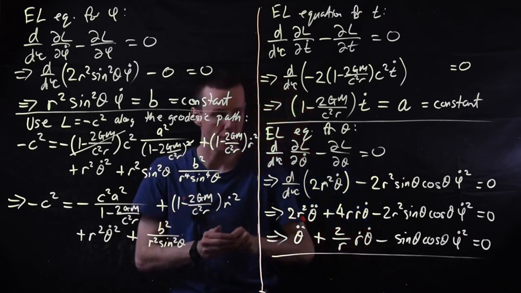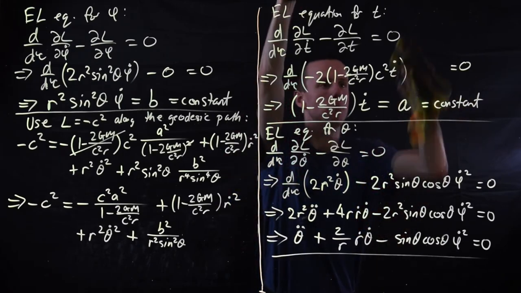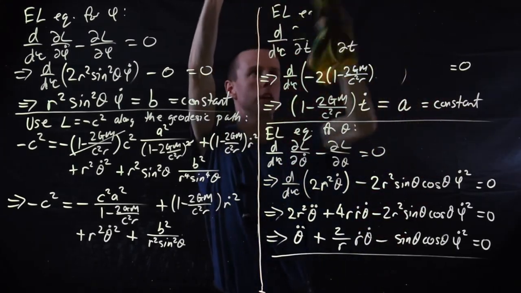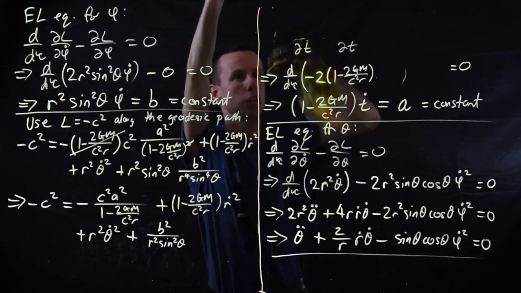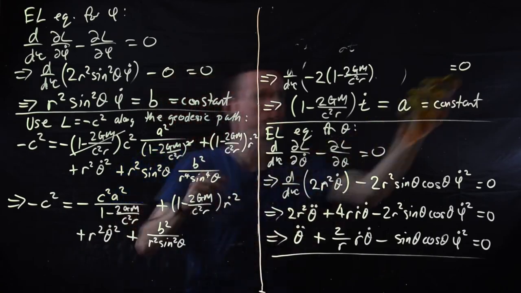Now I'm just going to rub out this part. We have already used the Euler-Lagrange equation for t, so we've put this in here, and we don't really need it anymore over here.